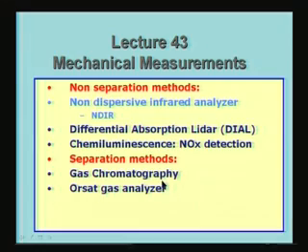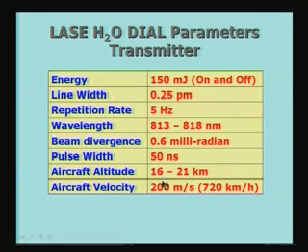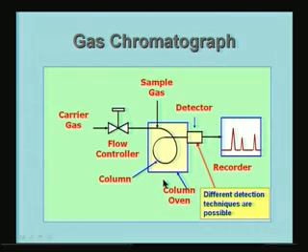So, the gas chromatography method can be explained by the following kind of schematic. The gas chromatograph depends on several factors. One, we need a carrier gas, for example, helium, hydrogen, nitrogen, argon, these are all carrier gases which can be used.